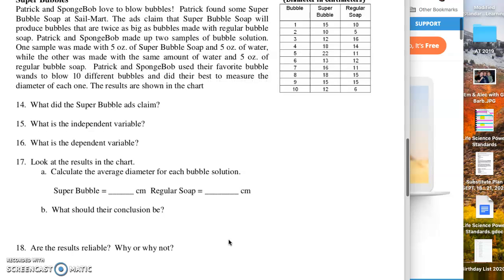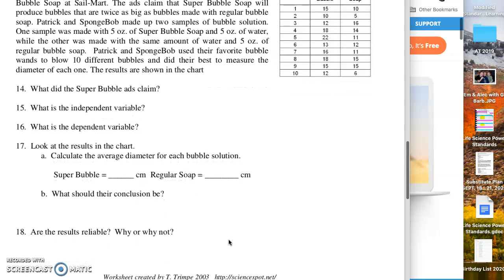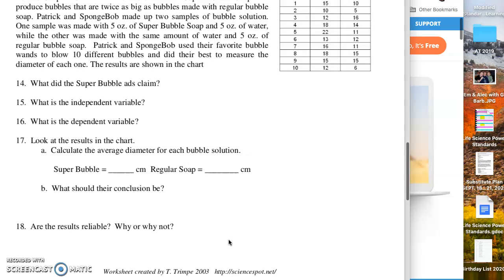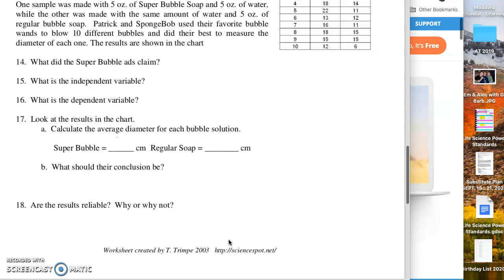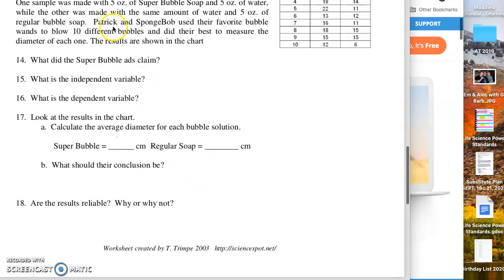And then, are the results reliable? Is there something that you could look at and say there could have been a difference? Up here it says Patrick and SpongeBob use their favorite bubble wands to blow 10 different bubbles. So maybe one wand was a little bit different than the other. Maybe Patrick had a different technique than SpongeBob.